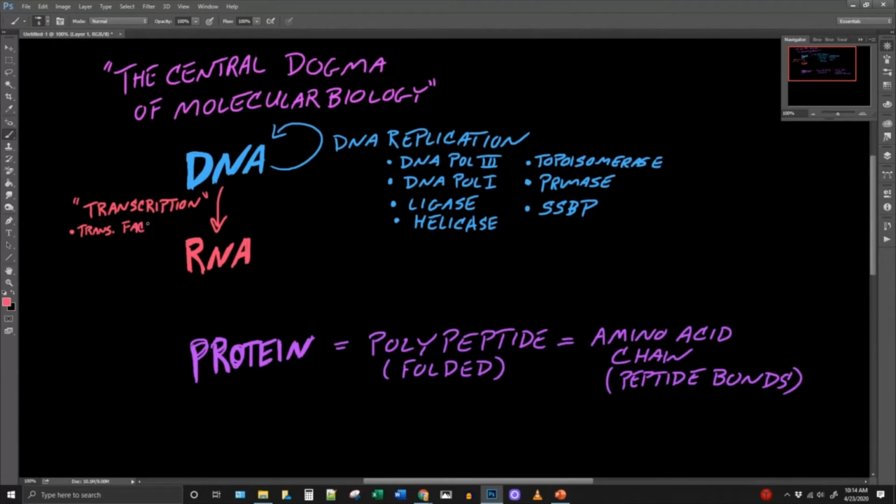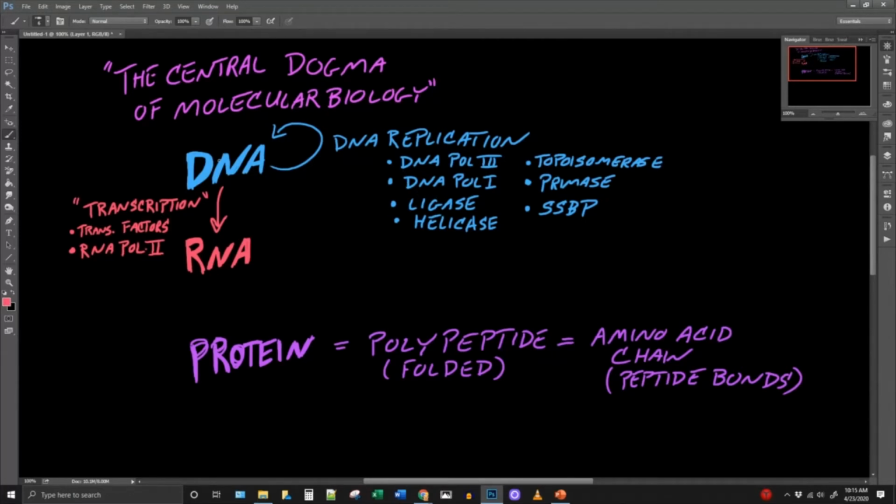It's getting really laggy on me. You have another enzyme called RNA polymerase. Technically, it's RNA polymerase 2, but we are only talking about one of them, so we'll just call it RNA polymerase. Whereas in DNA replication, we had two different versions of DNA polymerase.